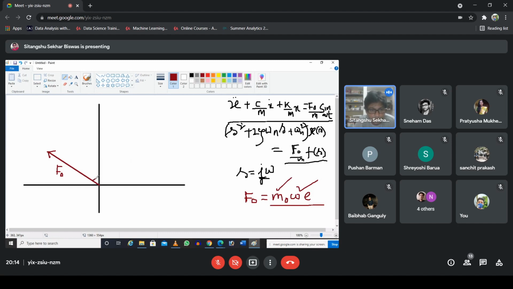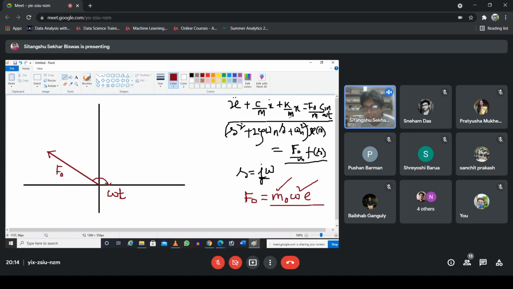Based on the previous lecture, this angle is omega t because the entire rotor is rotating with an angular speed of omega radian per second.